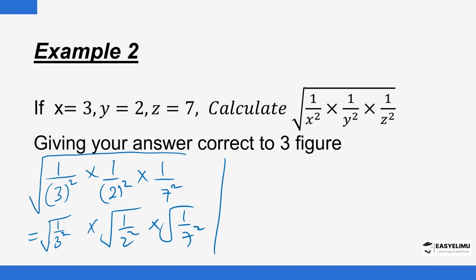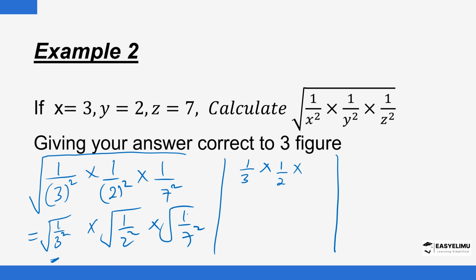Then finding the square root of this one means you find the square root of the numerator, which is 1. The square root of 1 is still 1, but the square root of 3 squared is just 3 power 1, which is just 3, multiplied by, again, this one, the square root of 1 is 1, but the square root of this one you divide the power by 2, so that is 2 power 1, which is just 2.